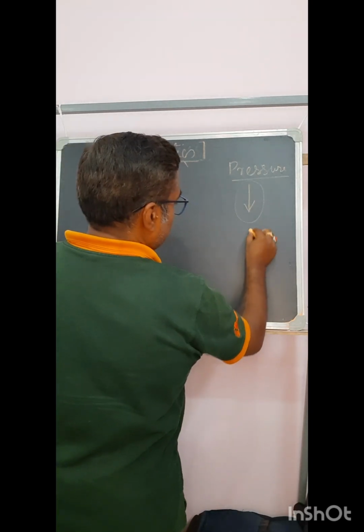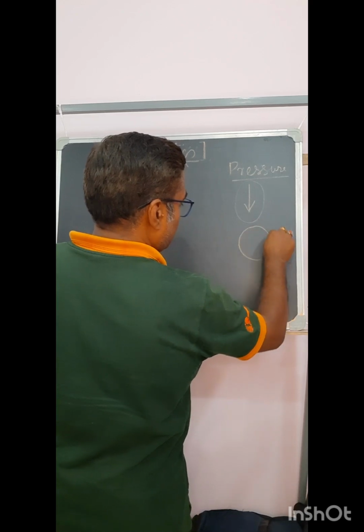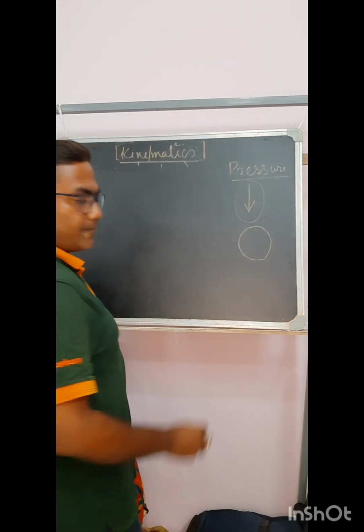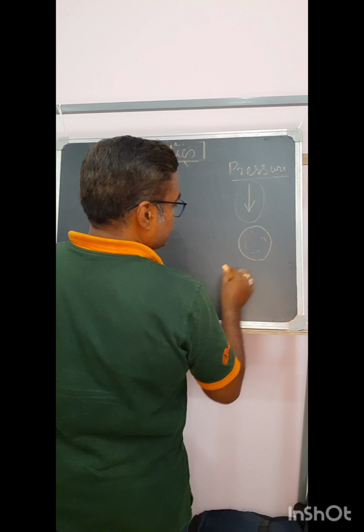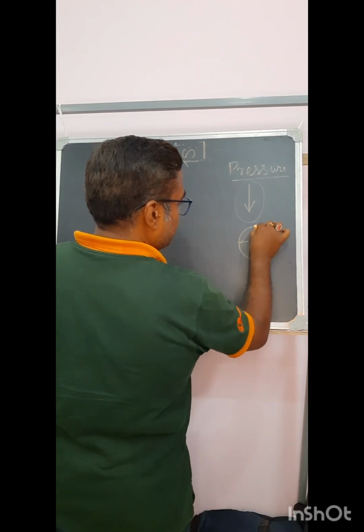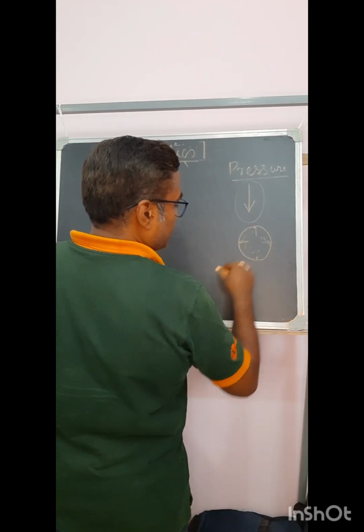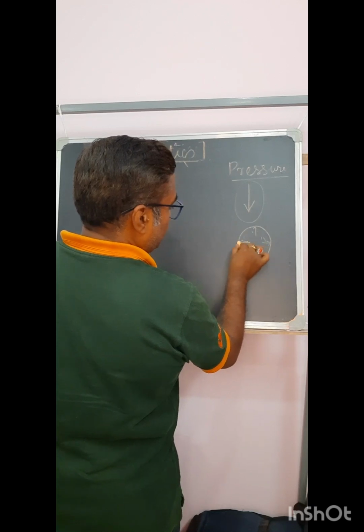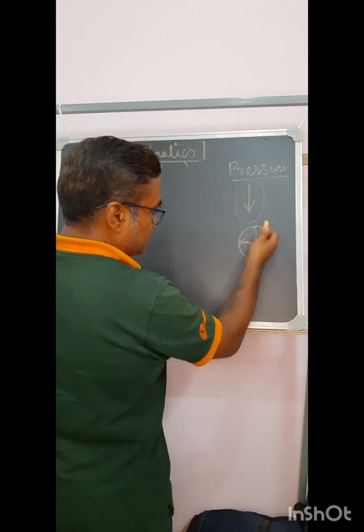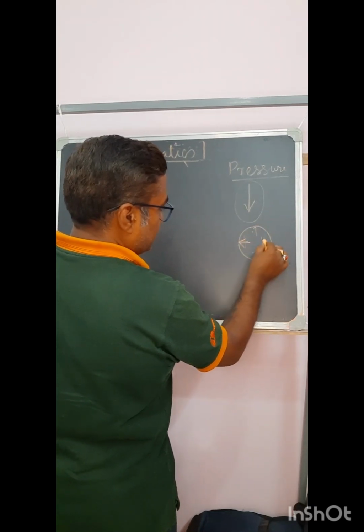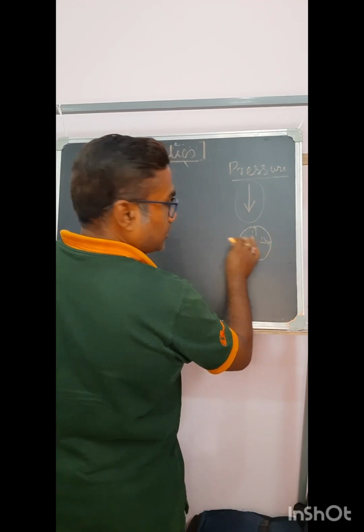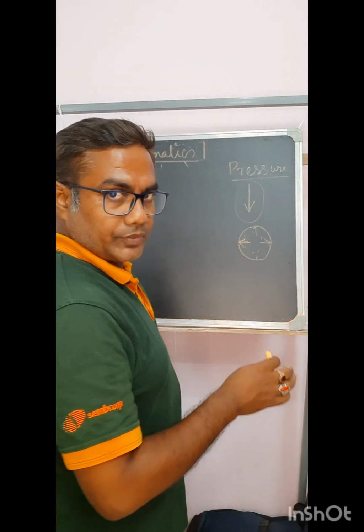Why, you can say, because if I consider a balloon with gas inside, the pressure is being exerted in every direction. There are chances where the pressure on this wall and on this wall are equal.